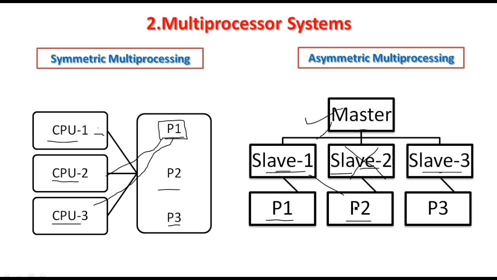The master processor schedules and allocates the work to the slave processors, because the master processor is working like a boss, and slaves are like employees. Whatever work is assigned by the boss has to be performed by the employees. Similarly, the slaves have to work on whatever work is assigned by the master.